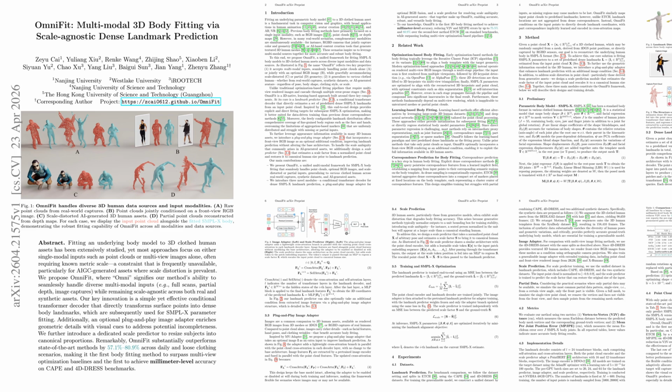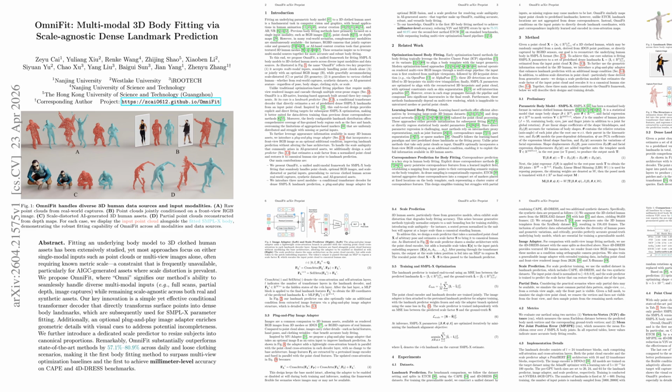A plug-and-play image adapter injects DINOv2 visual features without changing the base model, while a separate scale predictor estimates a canonicalizing scale factor from normalized point clouds to resolve unit box ambiguity common in generative 3D humans. At inference, SMPL-X parameters are optimized against predicted landmarks rather than regressed directly.